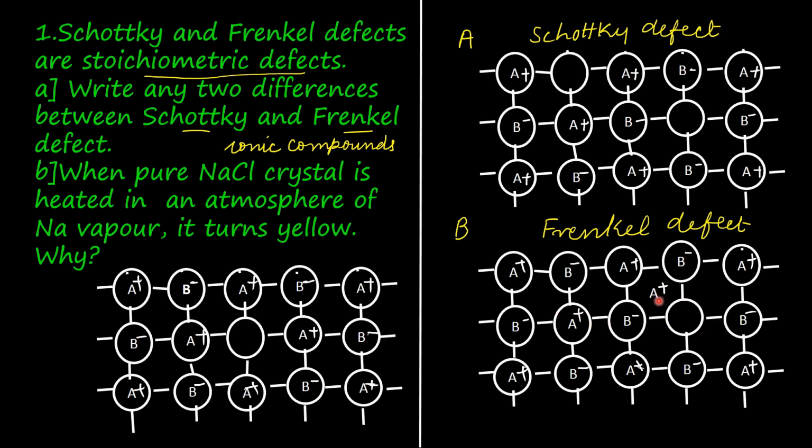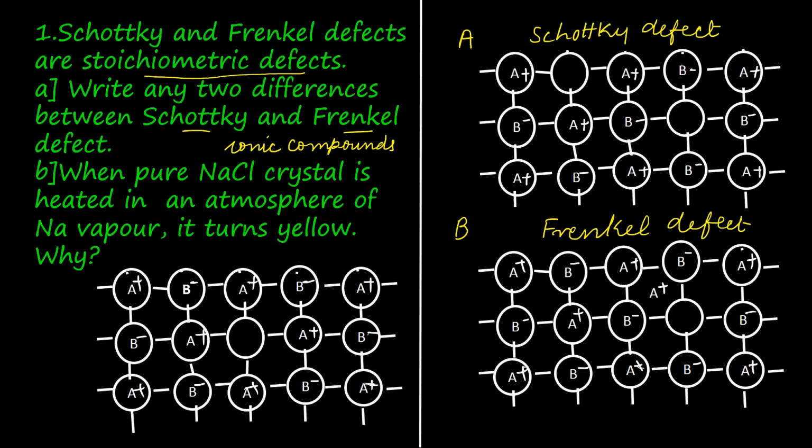Now I will explain the B section of the question. In the picture you see an anion site vacant. In the case of sodium chloride, the anion is the chloride ion. When sodium chloride crystal is heated in an atmosphere of sodium vapor, sodium gets settled on the surface of the sodium chloride crystal.